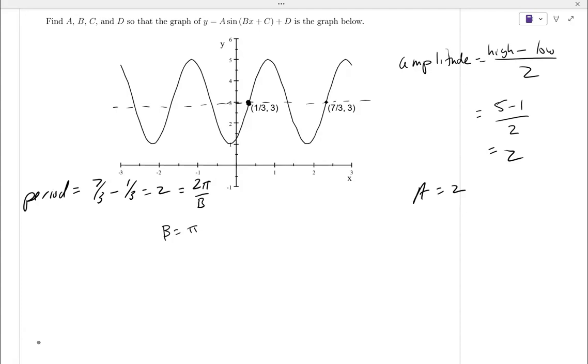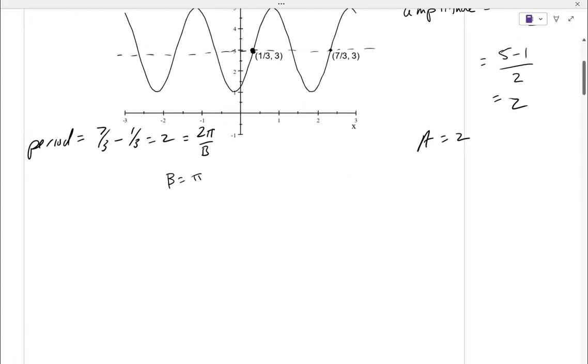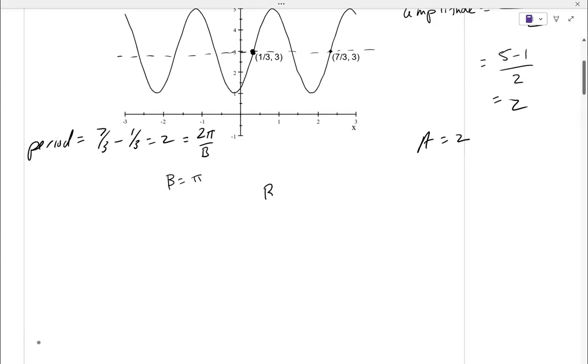But what did we plug in? We plugged in 1/3 instead, right? Okay. So the way we'll do this one is we'll still use that same kind of idea, the bx plus c equals 0. We're using 0 here because that's where this point would have been. We might change that number in a different problem.